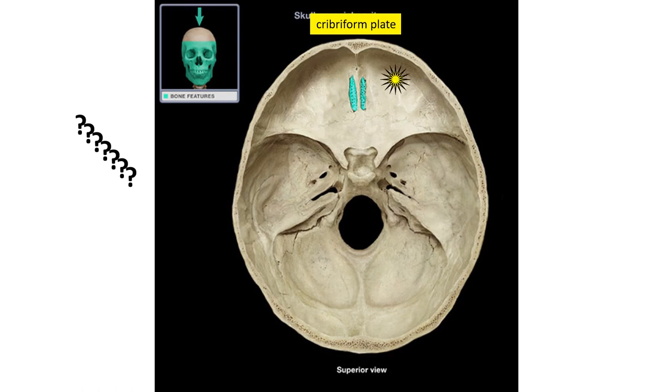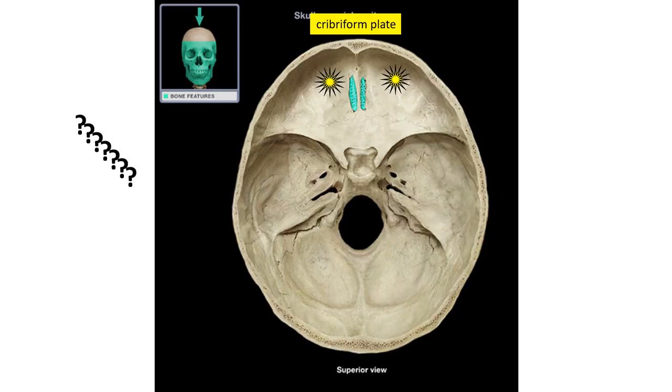Next, what are these two marked areas? The question is, are they related to the frontal bone? The answer is yes. Now, we have seen the frontal bones, but there are parts of the frontal bone that are not visible either anteriorly or laterally, and the structure underneath these two marked areas is the orbit, and this part of the frontal bone makes the roof of the orbit.